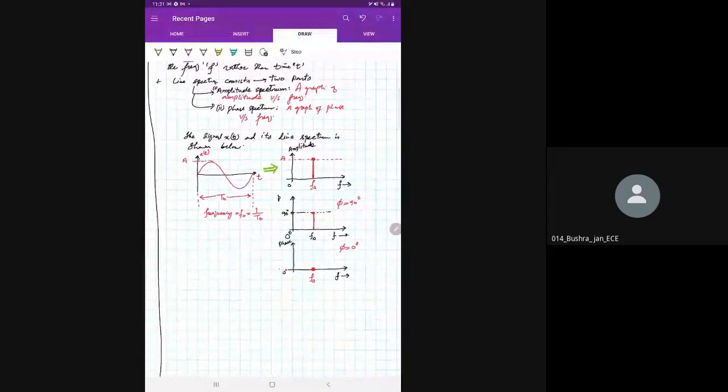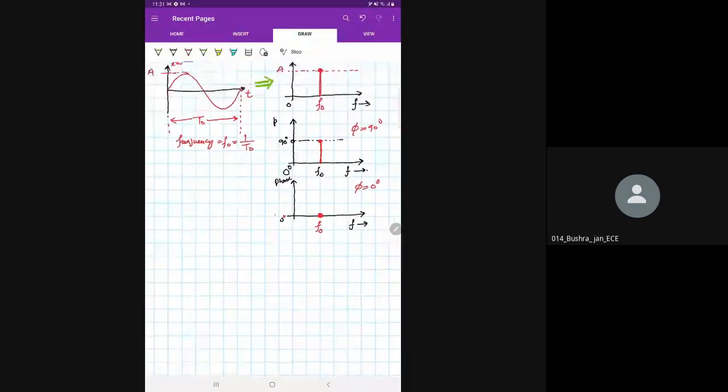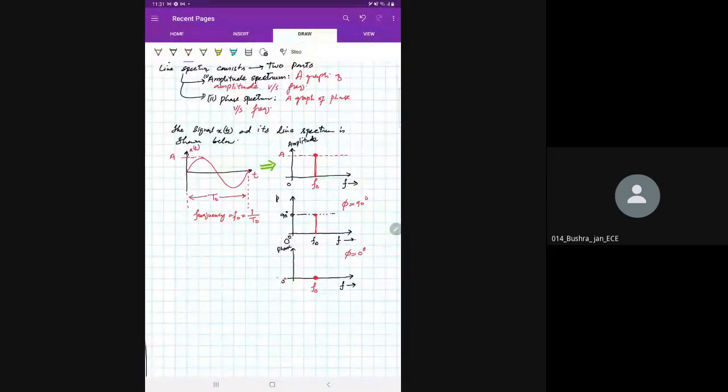It seems like that. Anyway, this is how the phase spectrum and amplitude spectrum of a signal are plotted. In general, amplitude spectrum plus phase spectrum together are known as line spectrum.